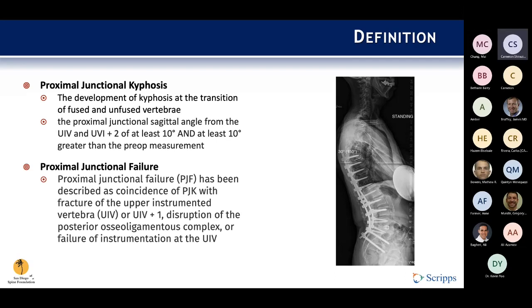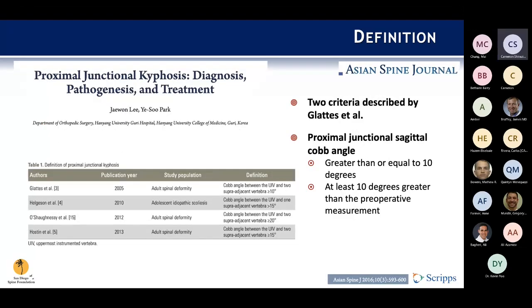And then PJF, which in and of itself is a separate definition, is coincidence of PJK with fracture of the UIV or UIV plus 1, disruption of the osteoligamentous complex posteriorly, or failure of instrumentation at the UIV. And so those are specific definitions that help guide the research.